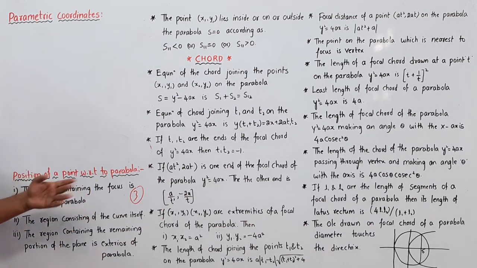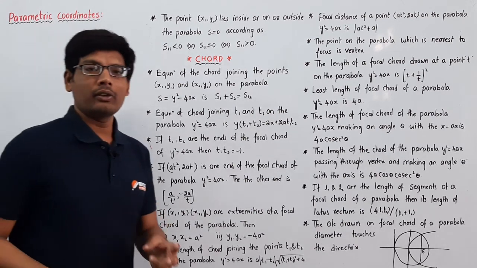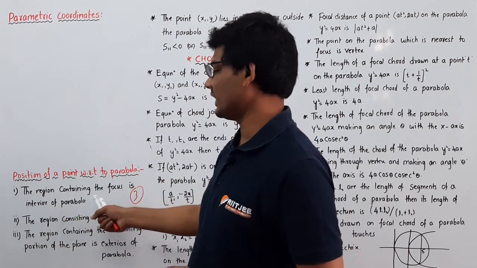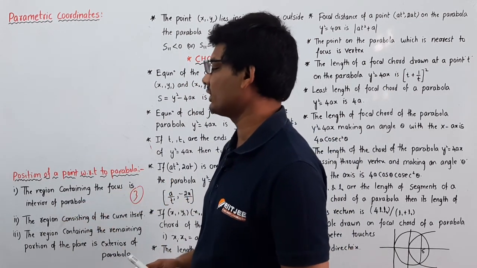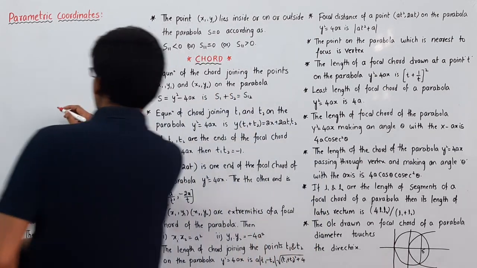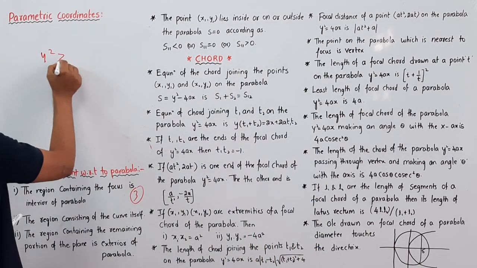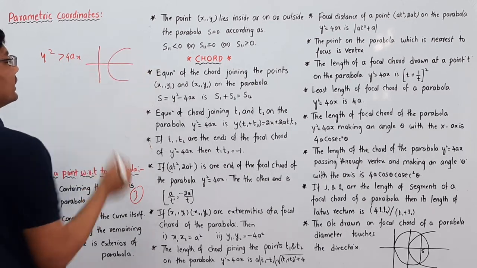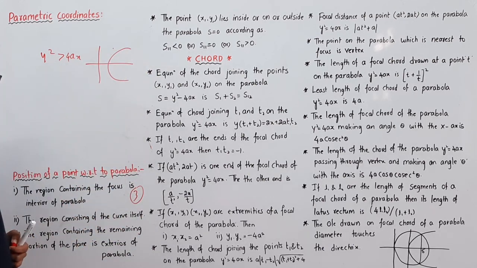Here is the position of a point with respect to a parabola. We have 3 types of position of points with respect to a parabola. The first one: the region containing the focus is the interior of the parabola. If y square is greater than 4ax, then the point is outside of the parabola.